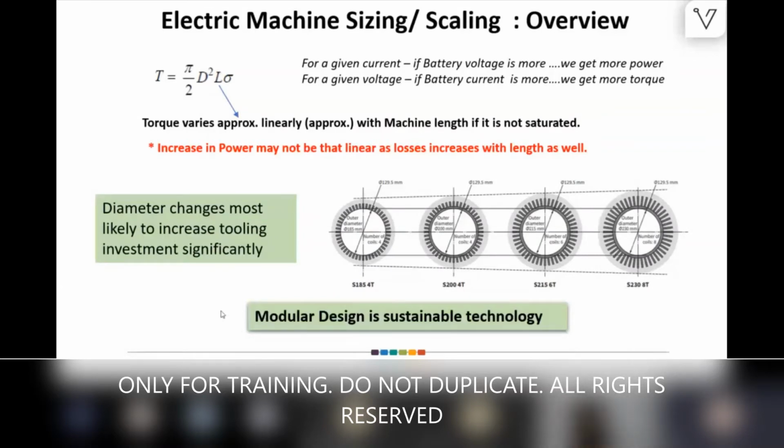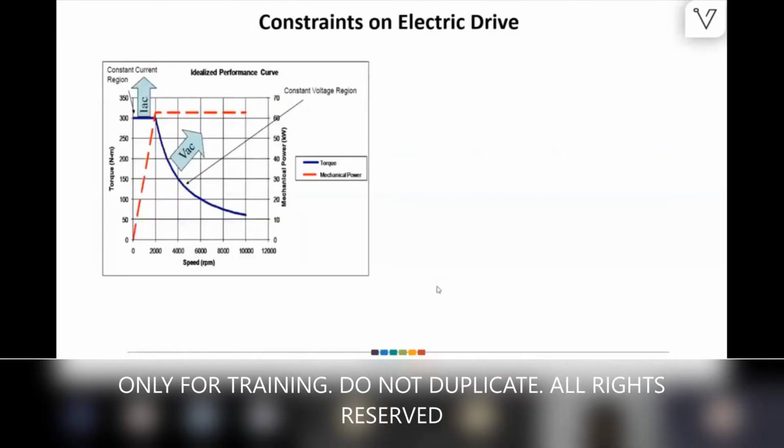This is only going to sustain if you are offering solutions to the OEM, and if they are really thinking about this kind of strategy, they will definitely look for long-term solutions and partnerships with you. So another element is the constraint.